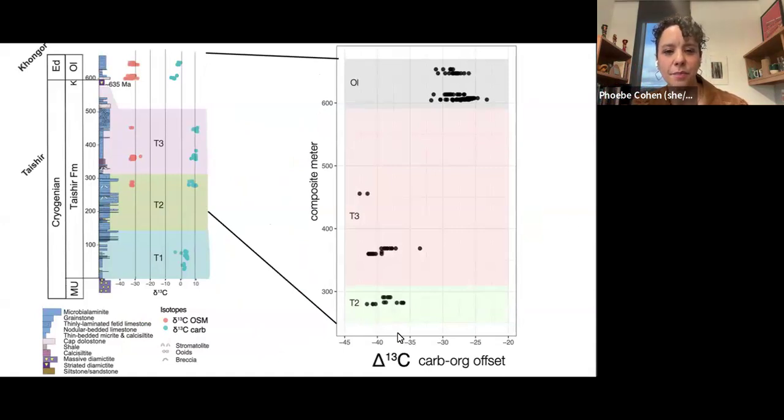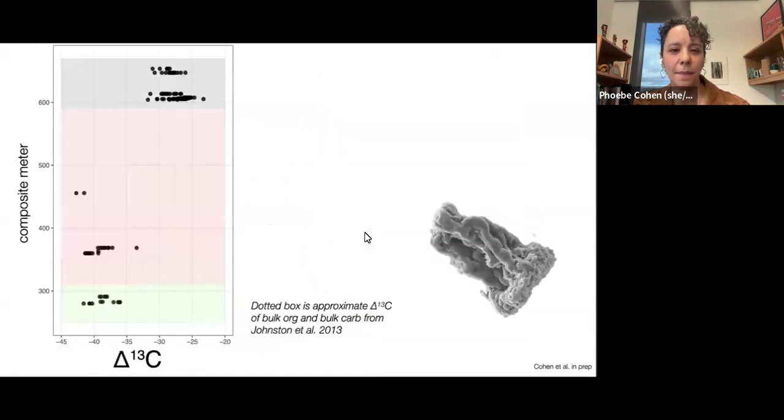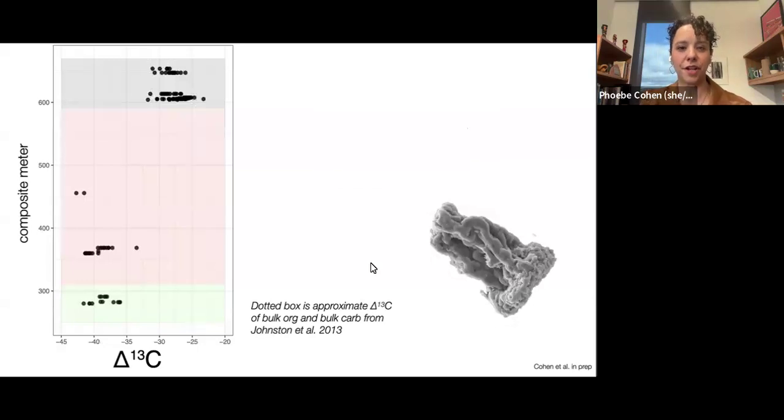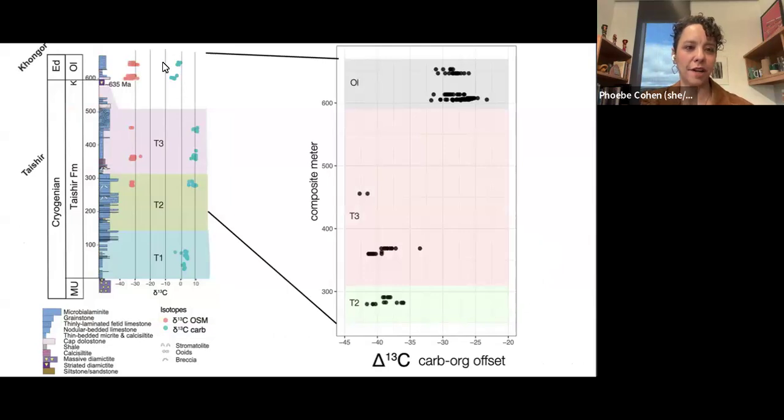And the big shift is happening because the fossils are not tracking variation in carbonate delta C13. The carbonate is changing. If we go back, you can see that the carbonate here is getting lighter, but the fossils are just chugging along at around -31, -32, doing their thing. And so when we look at this in sort of cap delta space, we see this shift between what's happening in the Taishir and then what's happening up in the Ol.